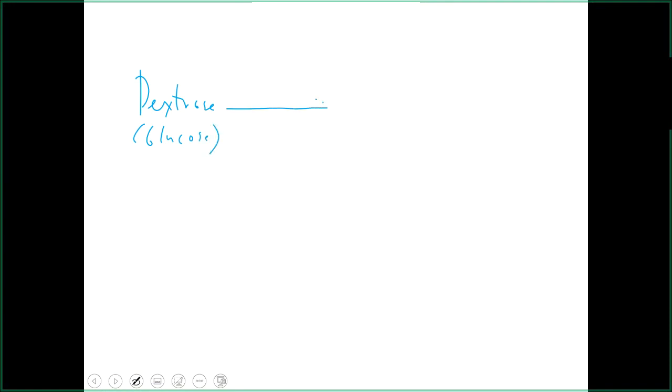And what all organisms do with glucose is they pass it through a series of 10 reaction steps in the cytoplasm of the cell, and separate enzymes there take this dextrose and break it down in a series of steps, so it's gradual, and they make a little bit of ATP along the way, and they make a little bit of NADH along the way.